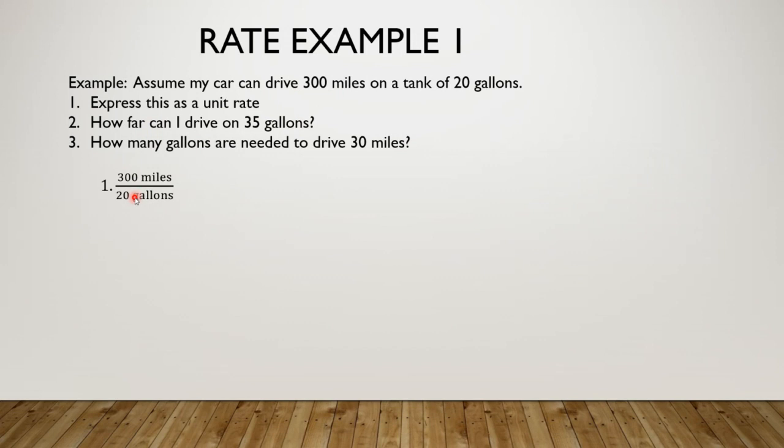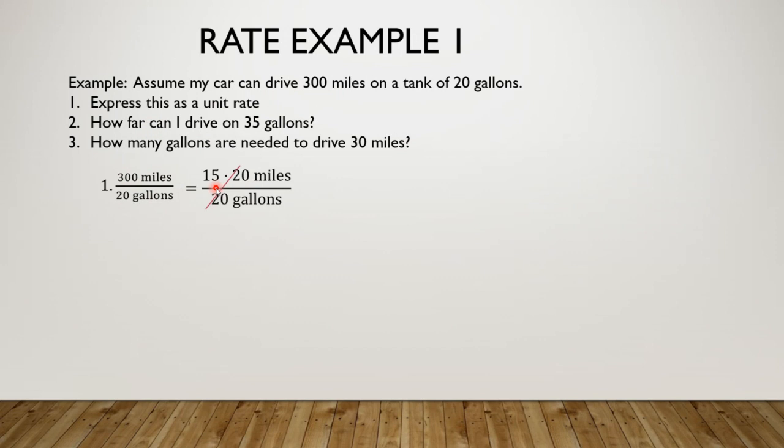But we want this to be a unit rate. So basically, we want to change this 20 into 1. How do we do that? Well, we can basically factor the numerator, as you can see, because 300 is 15 times 20. And that helps us because the 20s cancel.